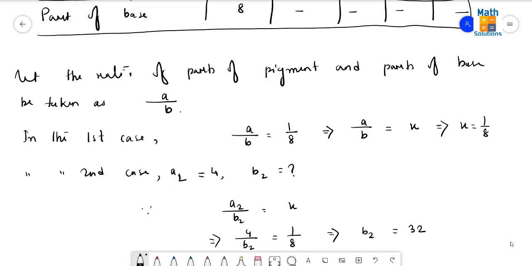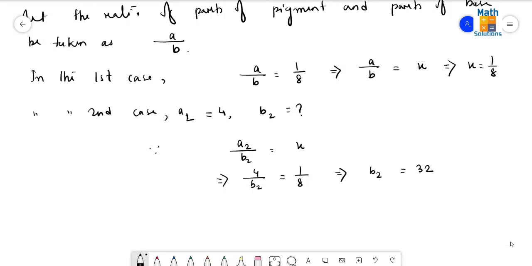So the second answer comes as 32, which means this blank place can be filled in with 32. Similarly, in the third case, we have A3 as 7 and B3 we don't know.